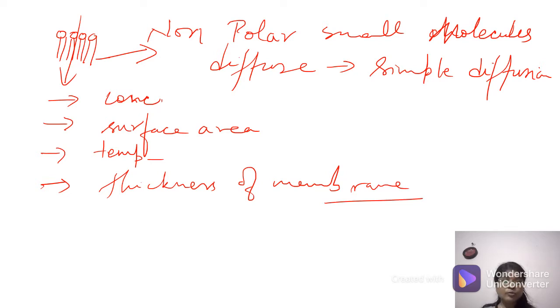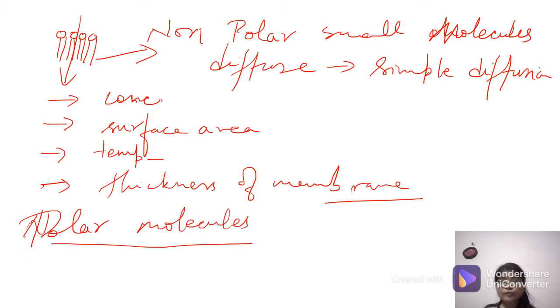Now we also know that there are non-polar molecules, and we have talked about polar molecules. These polar molecules can't move through the lipid layer, therefore they need a protein. Since they are being facilitated by a protein, something is helping, it is known as facilitated diffusion.